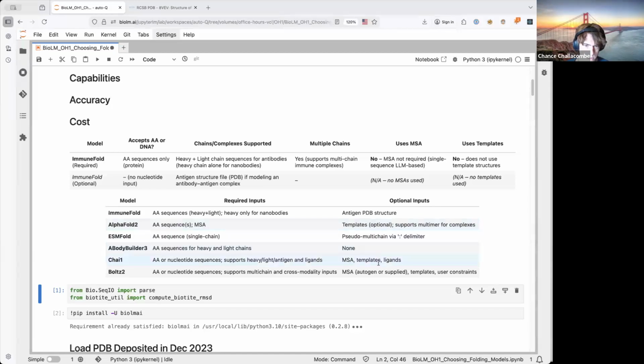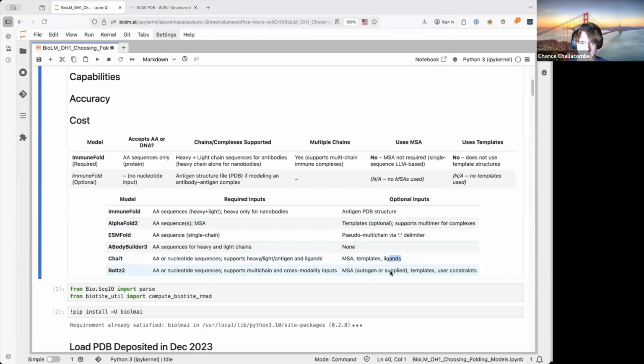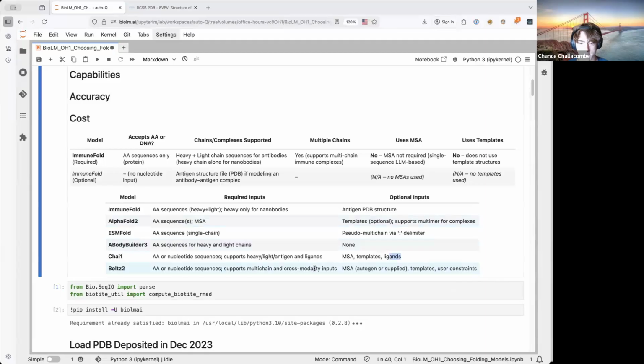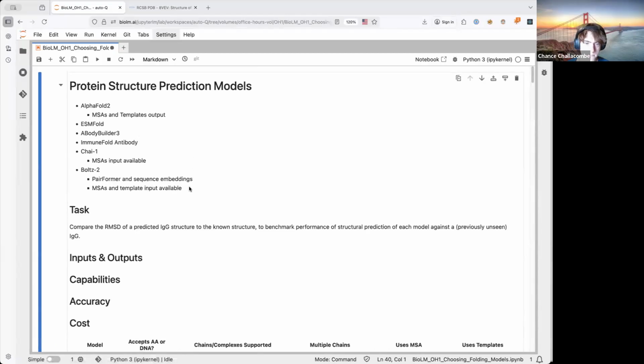Yeah, I'd say one thing for the multimodals is, oh, I see it there. There's ligands there too. So small molecules and ligands for Boltz and Chai-1 are another consideration. Boltz-2 actually gives an affinity prediction for small molecules, so that can be somewhat useful.